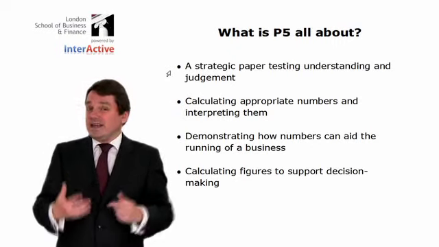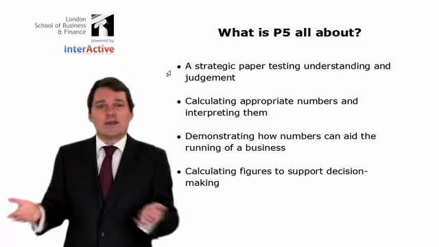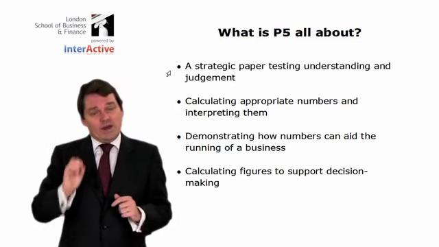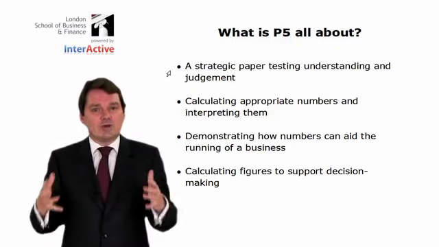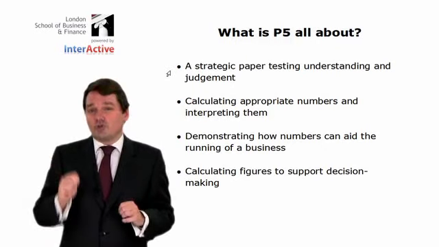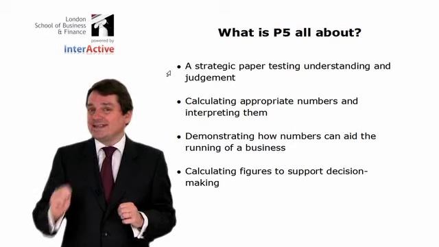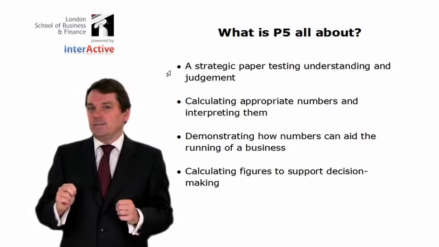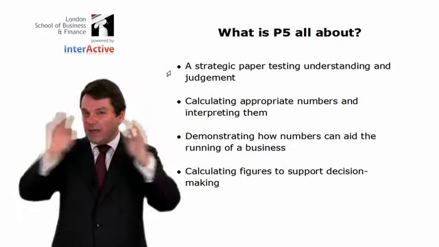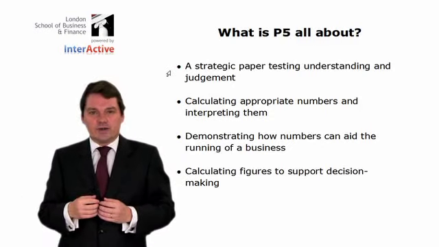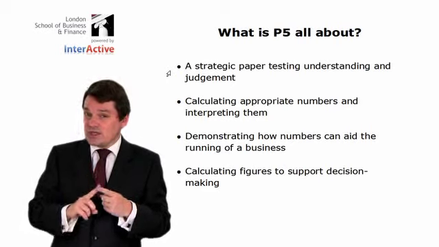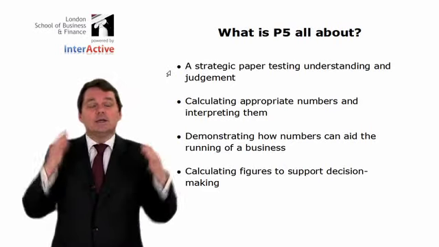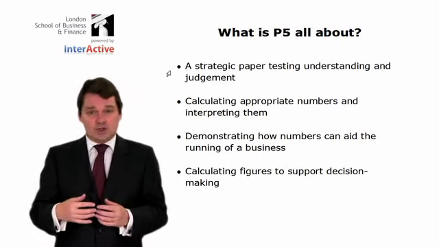And the examiner, in effect, will say, what do they mean? Now, the P5 examiner may well do the same thing, but probably the numbers will be more detailed than they would have been in P3. In P3, they tend to be an overall summary of the company. In P5, they might be about very specific areas of the company, such as customer retention.